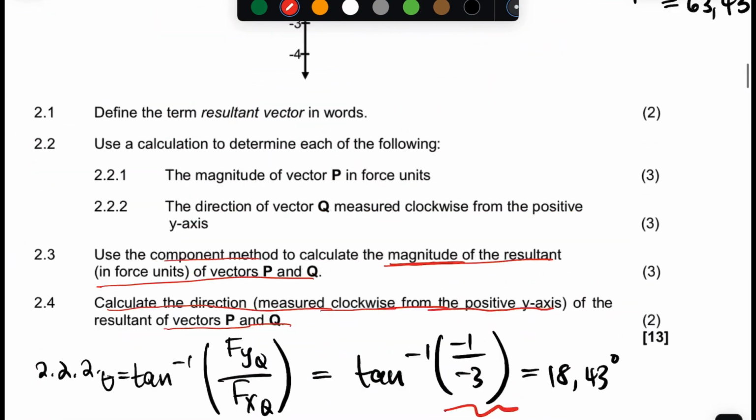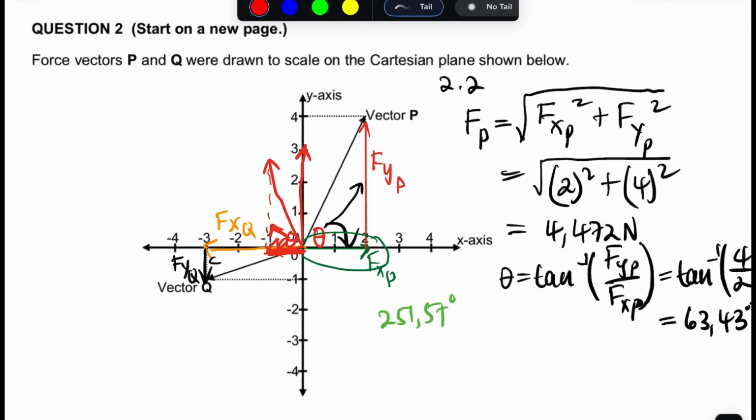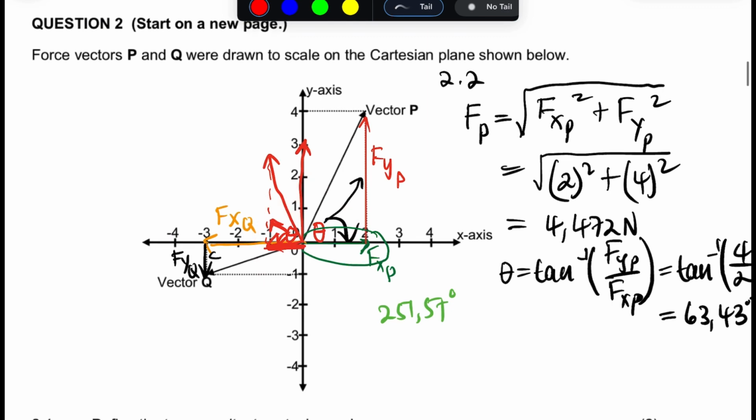Alternatively, as I mentioned earlier, if you calculate this other angle, you will say 360 minus this angle. Out of 360, you minus this angle, and it will give us the bearing there.